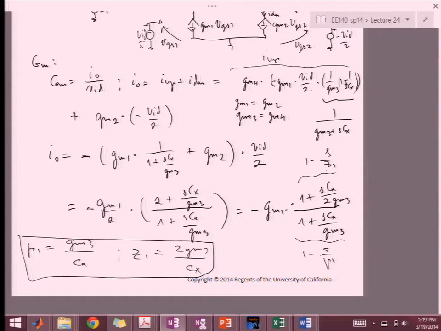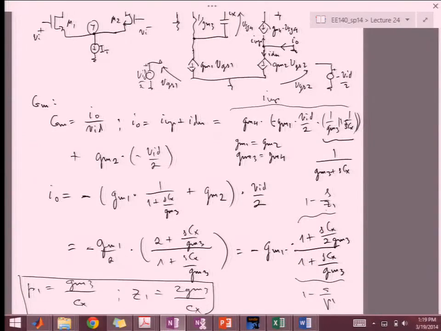So if you go and now analyze what's happening with this GM, if you see what's happening with GM for very low frequency versus very high frequency, at very low frequency, this whole piece is gone.